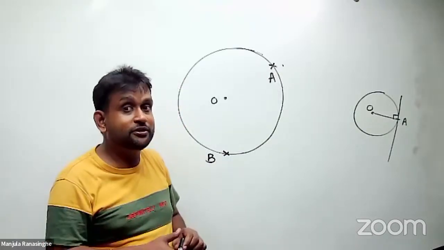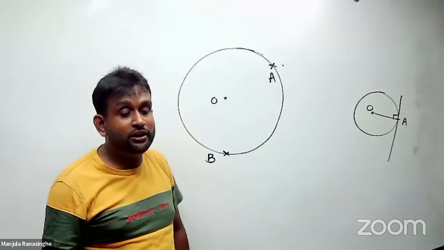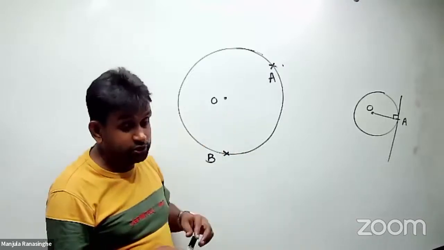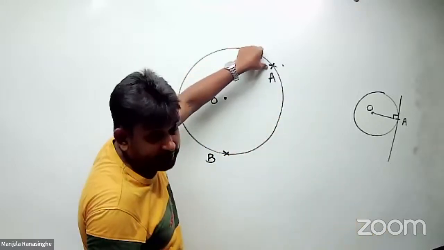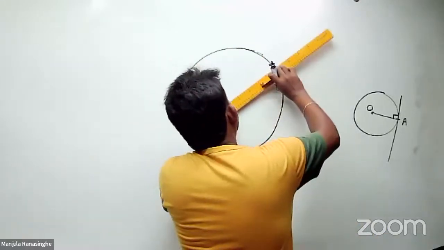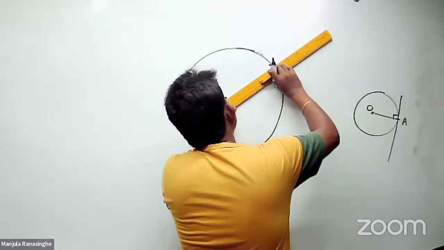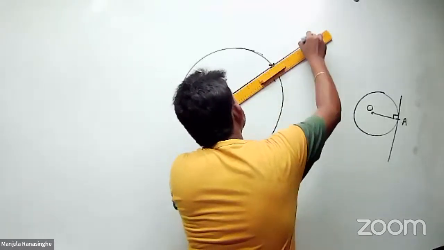That is the geometry concept you are using to build this tangent. So what you do, first step, join O and A, right, in this manner.